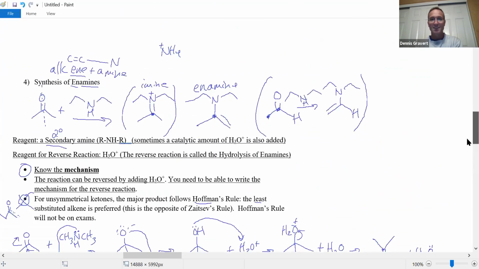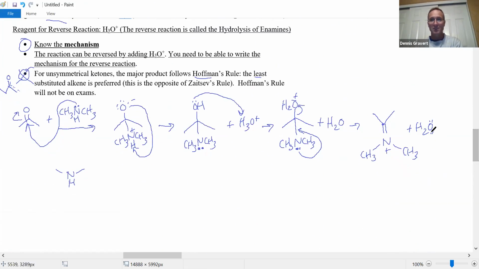But if it's a secondary amine, the water molecule is frustrated. It's like, there's no hydrogen on that nitrogen. You know what? There's one over here on this carbon. There's also one over on this side. Pick either one. And now it sort of looks like an E1 or E2 mechanism. Let's put my arrow in and see whether it's E1 or E2. Weak base, maybe that's a helpful thing.